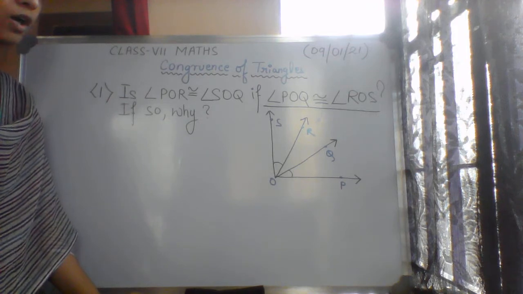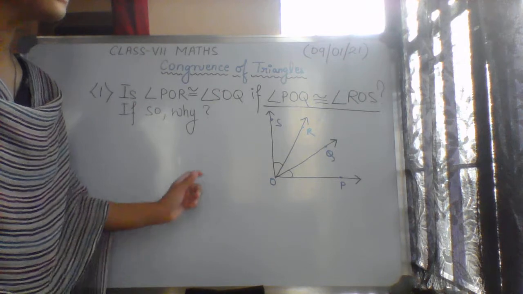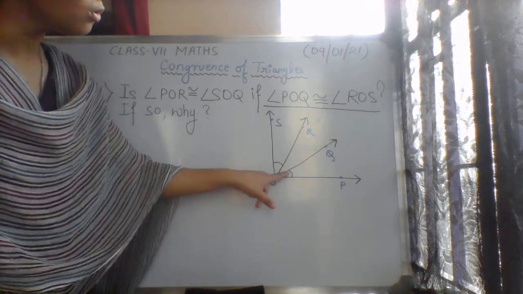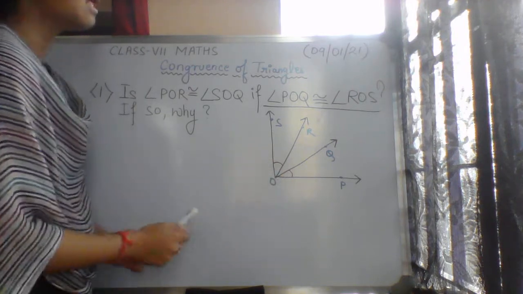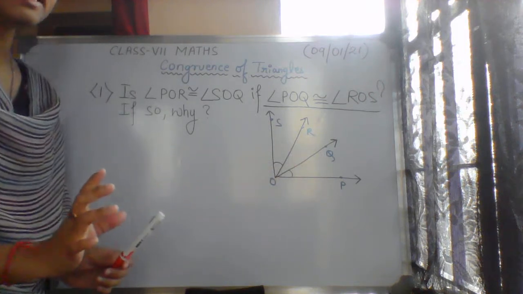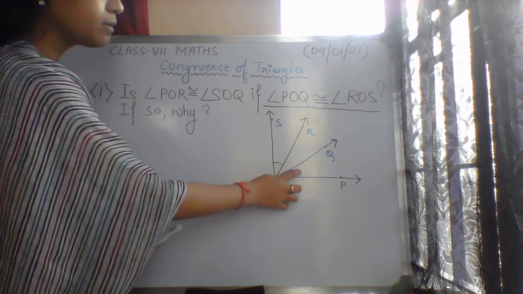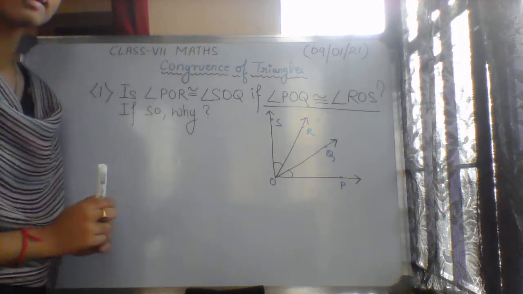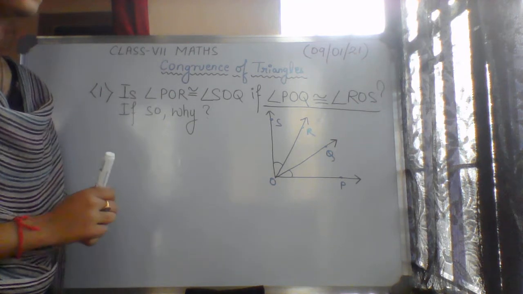That means the angle measurements are equal. So if angle POQ is congruent to angle ROS, then their measurements are also equal. If the value of this angle is x degrees, then the value of this angle is also x.